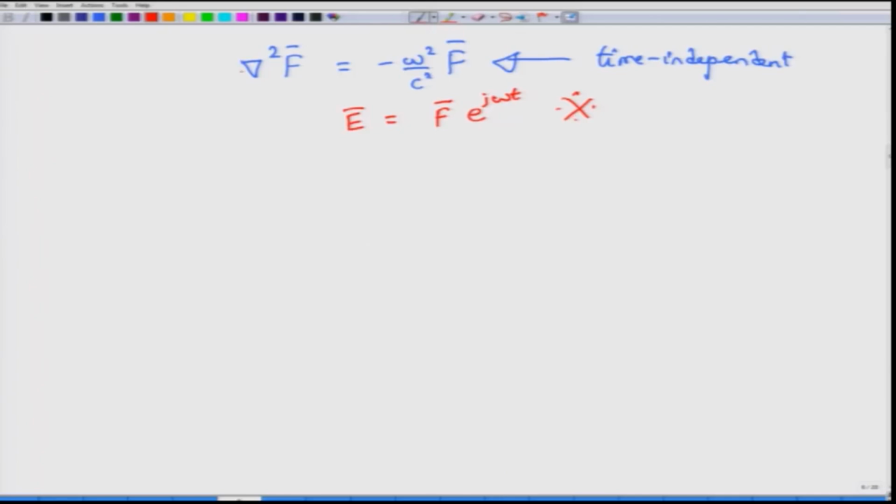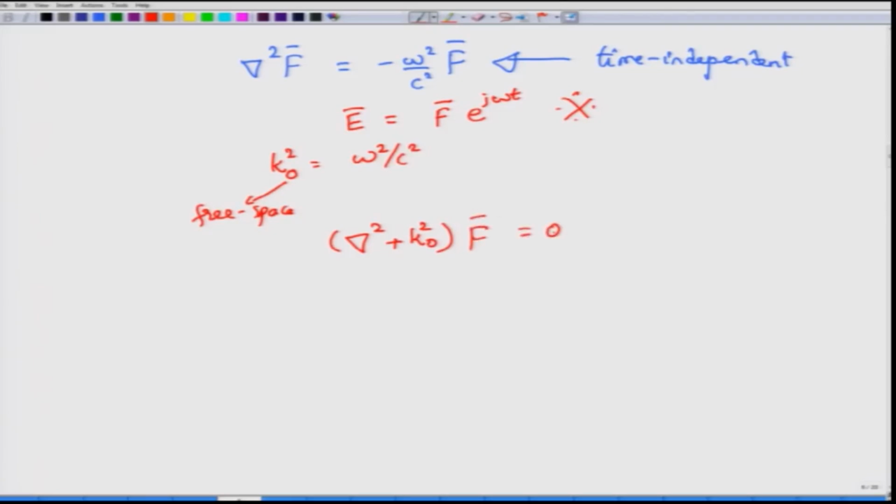Now, this is the equation, and we further define a quantity called k, and in this case I will put a subscript 0. 0 indicates that this is free space that we are considering, and in that free space k0 square is equal to omega square by c square, and I can pull this right hand side equation onto the left hand side and essentially obtain an even more simplified equation, which would be del square plus k0 square times f, so f equal to 0.